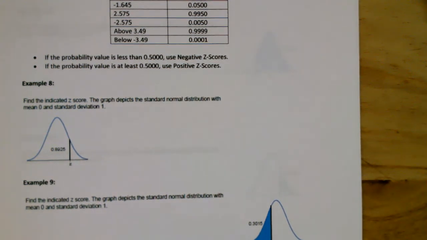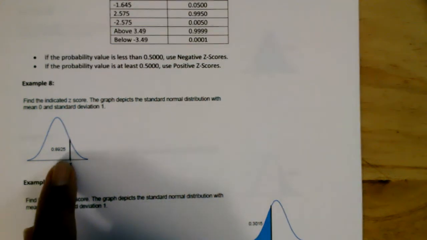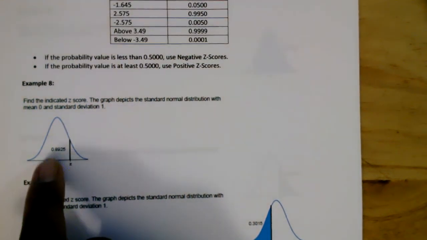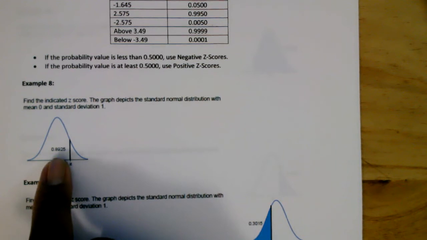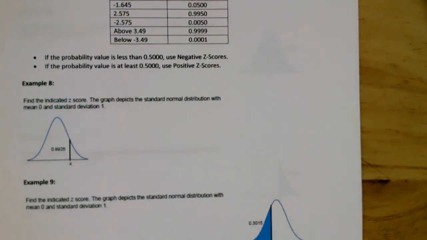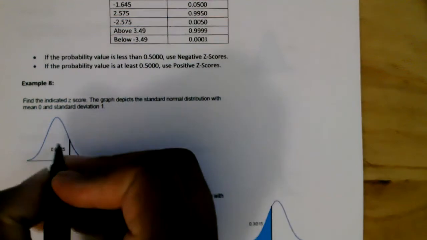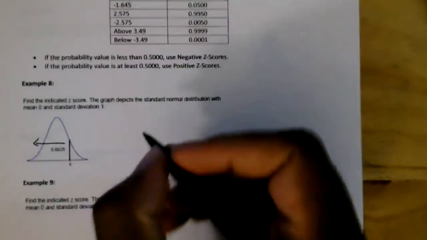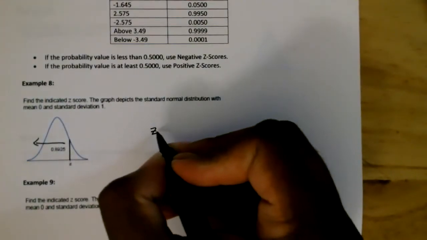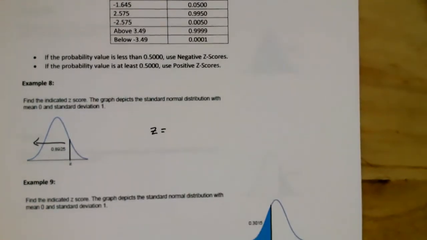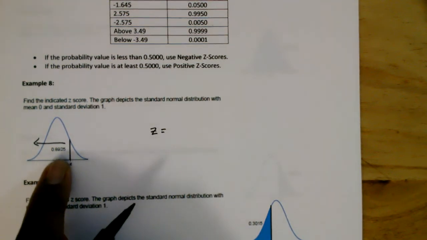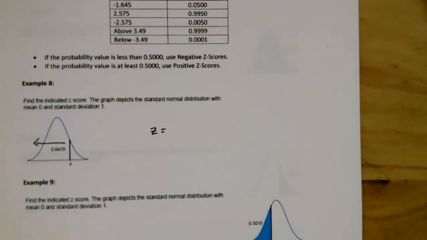So here our area, notice that number is on the left-hand side, 0.8925. Okay, that's this area on the left side. So now we need our z value. We can find that in table A-2. And notice that 0.8925 is bigger than 0.5. So we have to use the page that says positive z-scores.